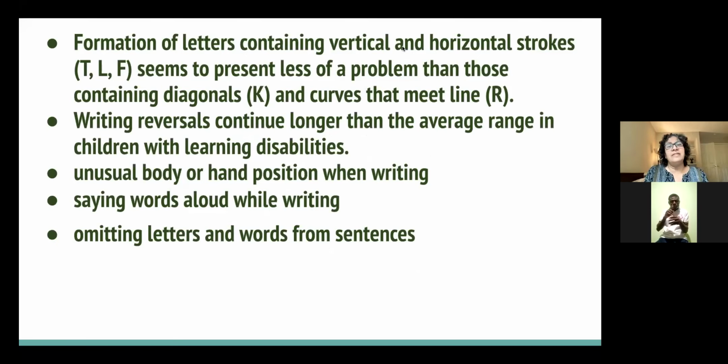But when the kids start to write, reversals are a part of the developmental process. But if it continues for a longer period of time, then it becomes a concern. And sometimes we have seen that some kids say the words aloud while writing.